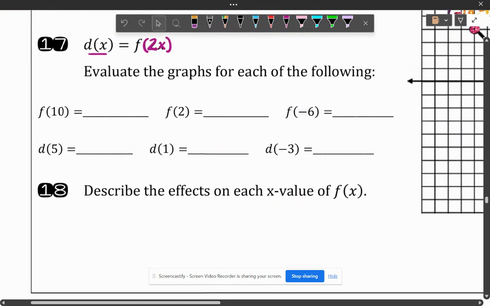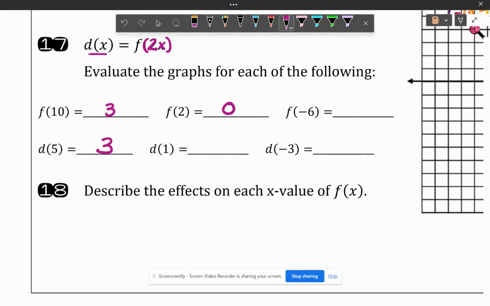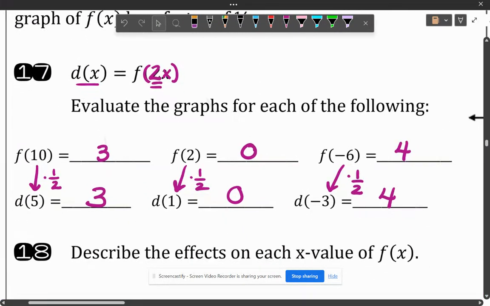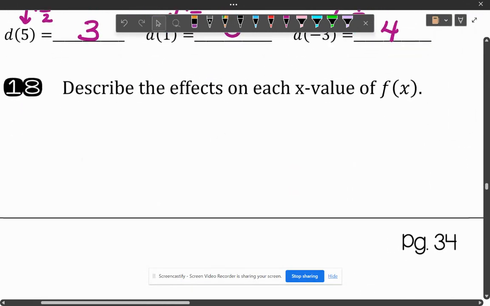Okay. So f of 10, 3. D of 5, 3. F of 2, 0. D of 1, 0. F of -6, 4. D of -3, 4. What's happening to our x values here? Look at that. They're multiplying by a half. So even when I have a 2 inside, it's multiplying my x values by 1/2, which is causing that compression.